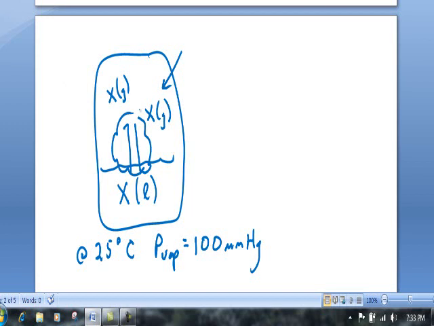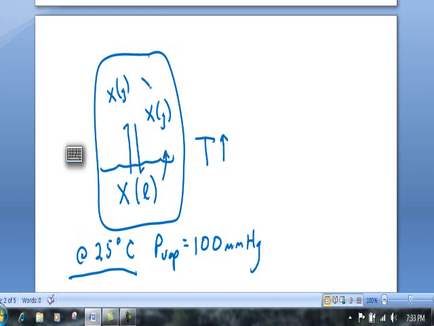Now for this system, let's say we're at 25 degrees Celsius and the vapor pressure of our particles is 100 millimeters mercury. If we now take the temperature of this system and increase it, what's going to happen for all liquids is that as the temperature goes up, more particles can now become gaseous at the higher temperature.